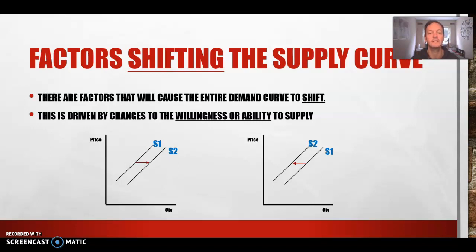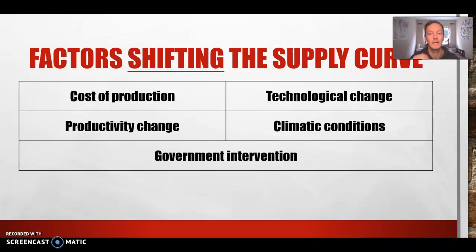That is an increase in supply. Whereas if there is a decrease in supply or a decrease in the willingness or ability to supply, then that's going to be seen by a shift to the left. Okay, thankfully there's not 8 factors this time, there's only 5 that you need to remember. And these are the 5 things that are going to shift the supply curve.